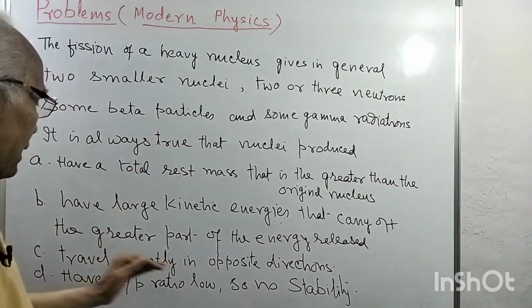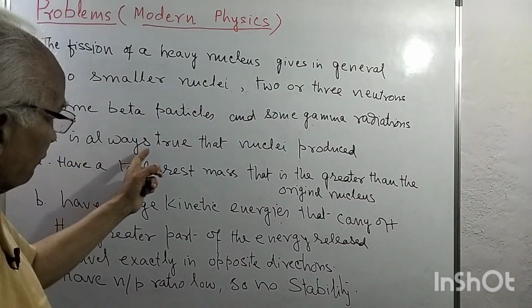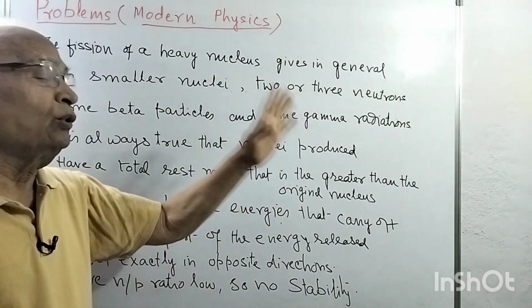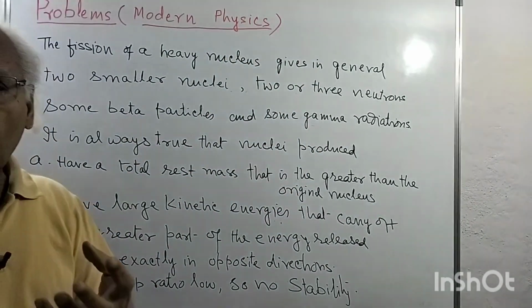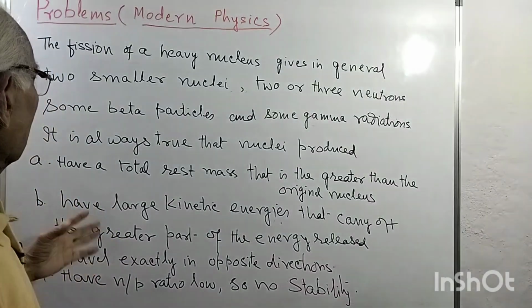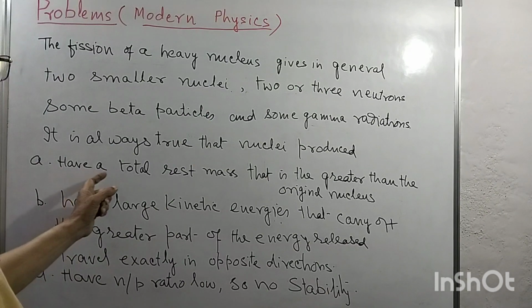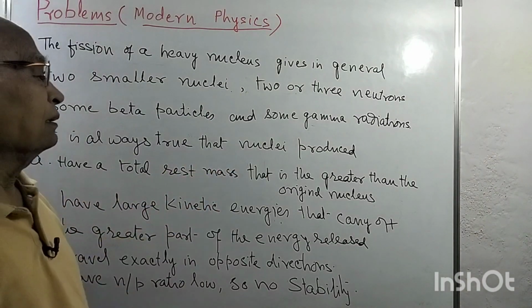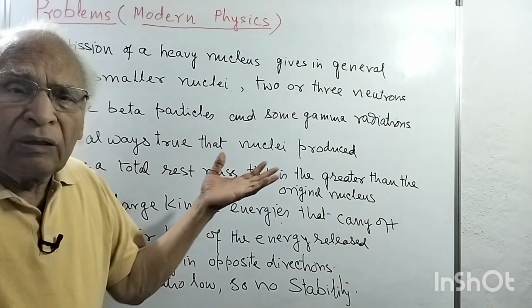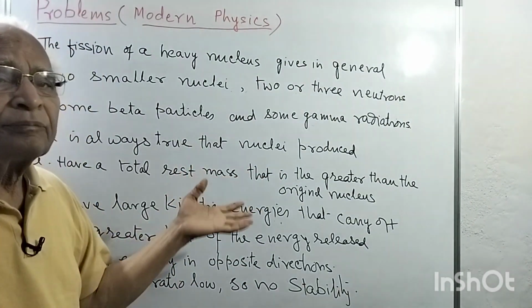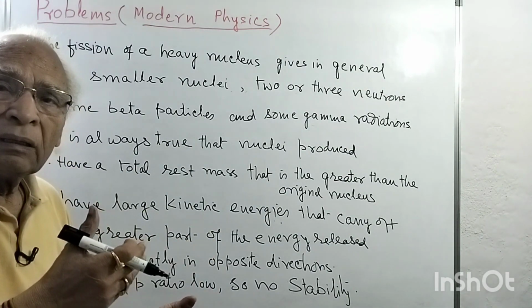But now the question has 4 parts. In the fission, it is always true that the nuclei produced, those 2 medium weight nuclei, which is correct out of these 4? A, have a total rest mass that is greater than the original nucleus. Well, this is ridiculous. How is it possible that the mass produced is more than the initial?